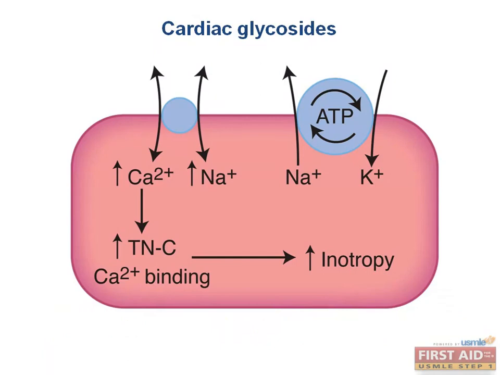This kind of sounds like a step 2 question, not a step 1 question. But any questions related to toxicities and how not to kill somebody are fair game for step 1. You don't even need to know what the next step would really be. Just think about the fundamentals that you know about digoxin.